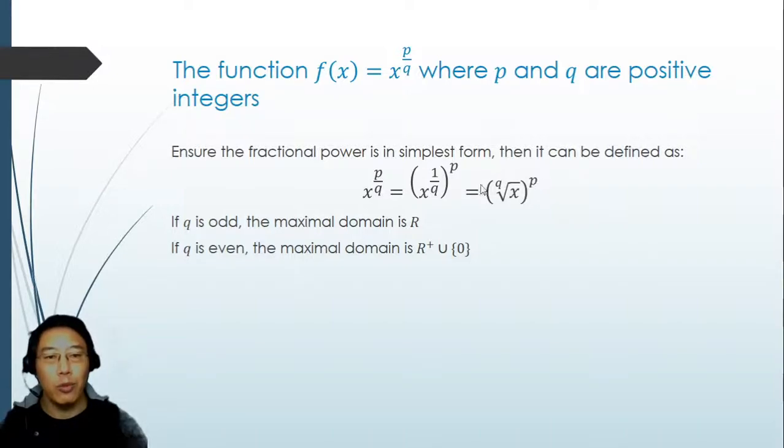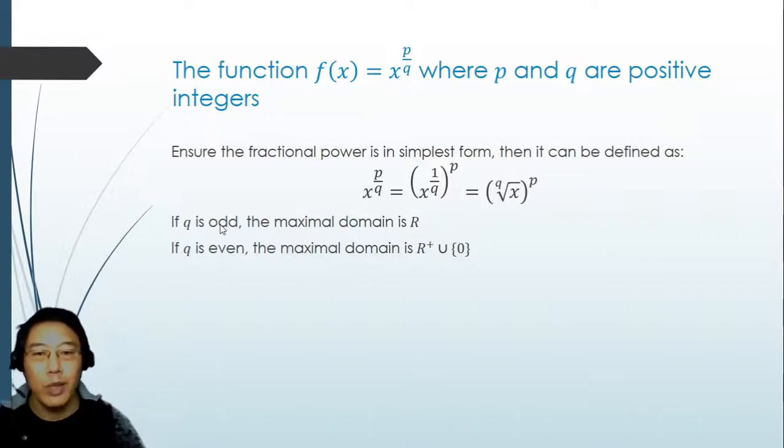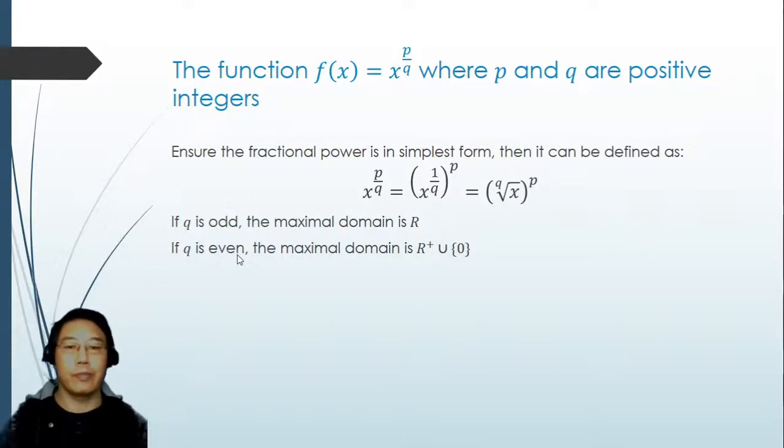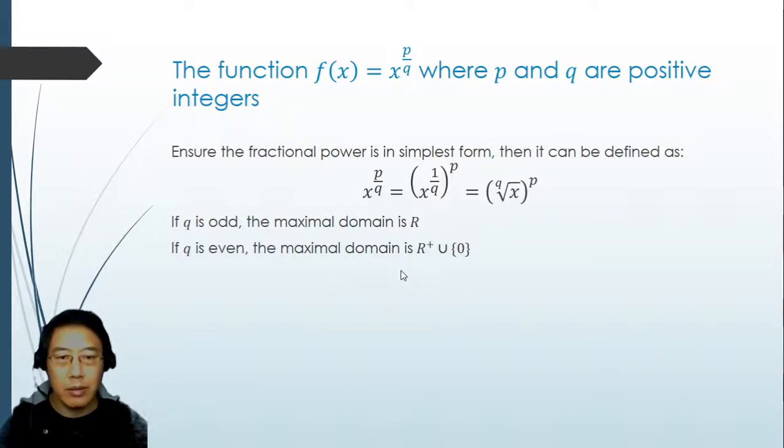The numerator will give you your power, and the denominator will give you your root. Looking at your root first, depending on whether it's odd or even, you can narrow down the domain. When it's odd, think of a cubic root. When even, think of the square root. With the square root, it's not a reciprocal, so you do need to include 0 as part of the domain.